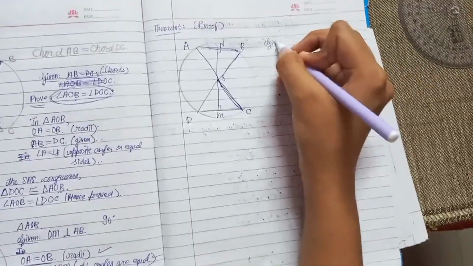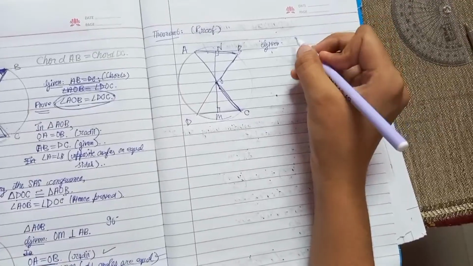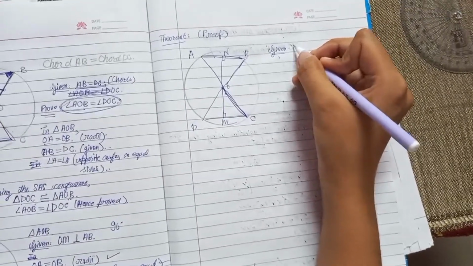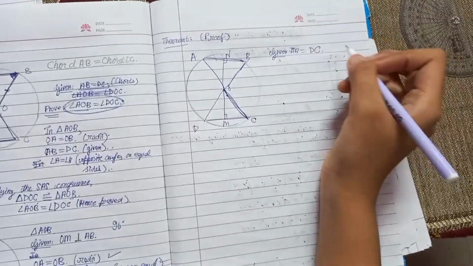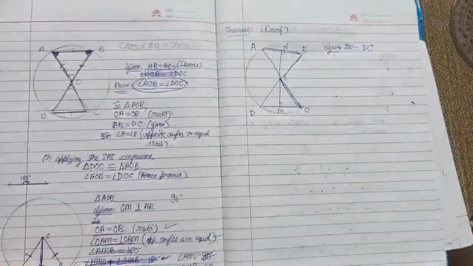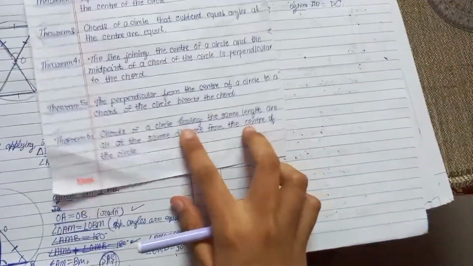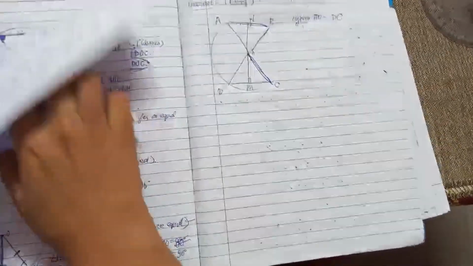First, we need to mention what is given to us. Given that the chords are equal, so AB will be equal to DC, because as written in the theorem, chords of a circle having the same length are all at the same distance from the center of the circle.